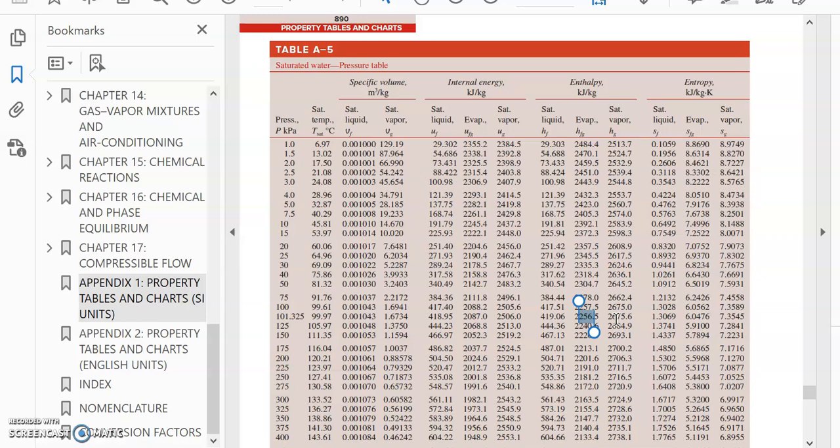Okay, take out your calculator and press 2675.6 minus 519.06. Okay, so you will get 2256.5. So I repeat, hfg is equal to hg minus hf.